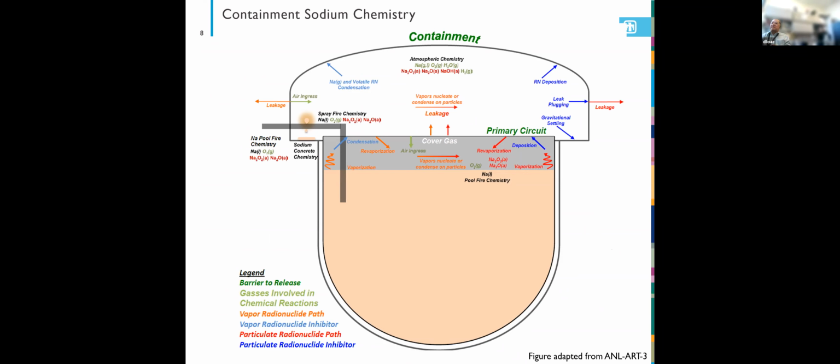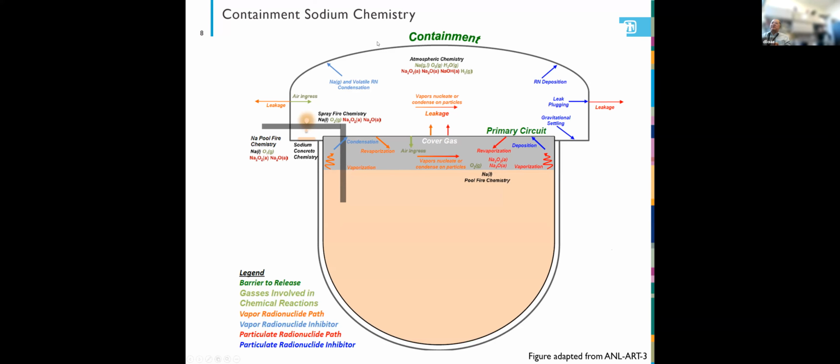So you can see some of these properties. Some of the sodium byproducts are created if there's air ingression, and then you have vaporization, condensation, and aerosol processes occurring here. If there's a leak out into containment, now you have more available oxygen and moisture in the containment, so you can have reactions.